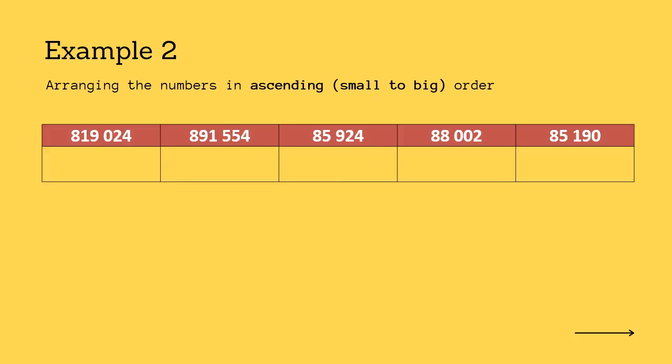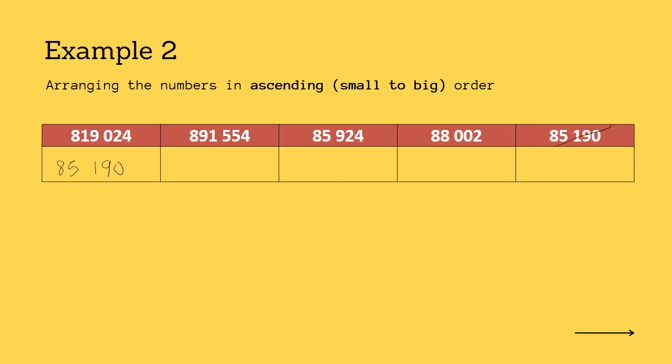So our answer is, remember, we are arranging the numbers in ascending order from small to big. So the smallest number just now was 85,190. So that's the smallest number.